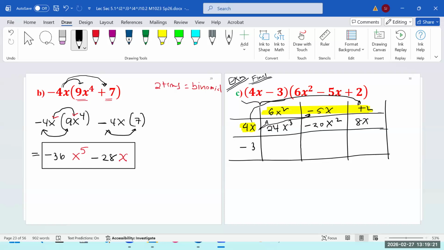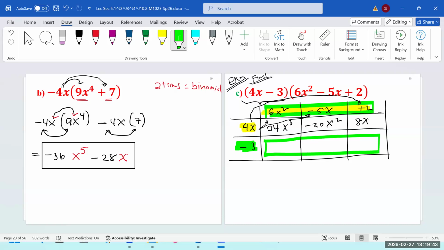So take the first term and multiply the entire second polynomial. And then you go to the second term. The second term is negative 3 here. You take these entire 3 terms and you multiply them one by one. Ignore this box, multiply 3 with this, 3 with that, 3 with that, and write down the answers in the second box.